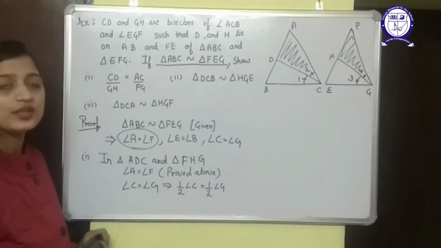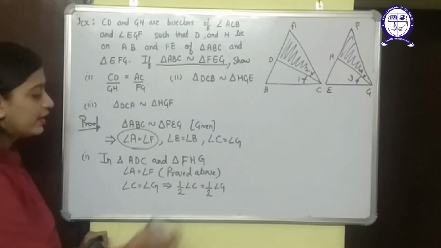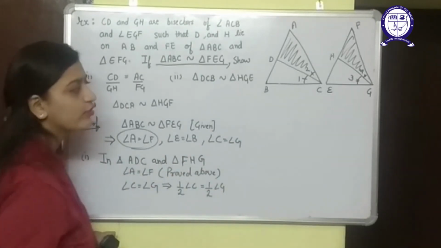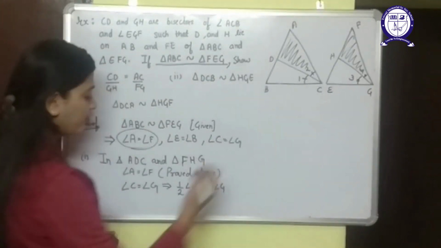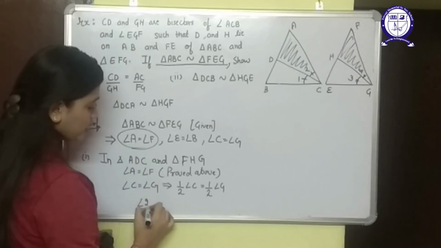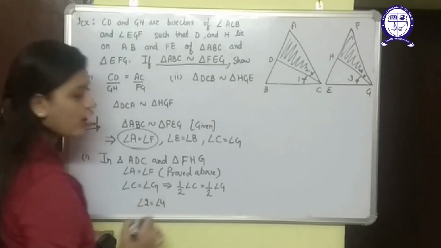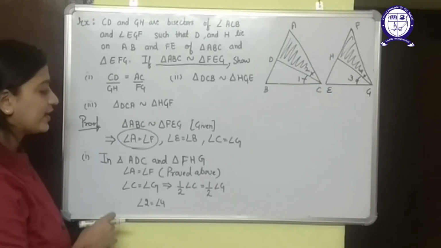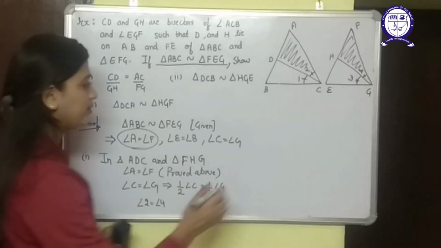Because we are talking about the bisector, so we can take half. Now half of angle C is this angle 2 and half of angle G is this angle 4. So angle 2 is equal to angle 4. So now by angle criteria, I can say these two triangles are similar.